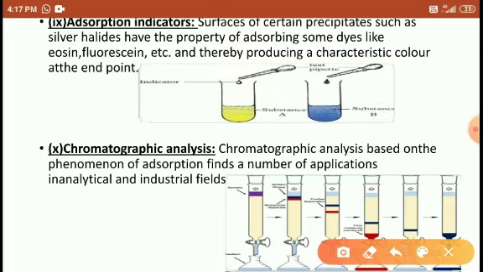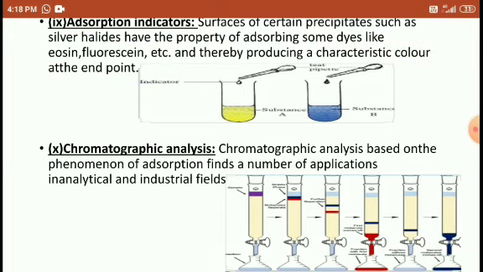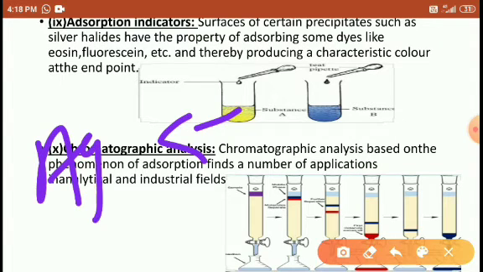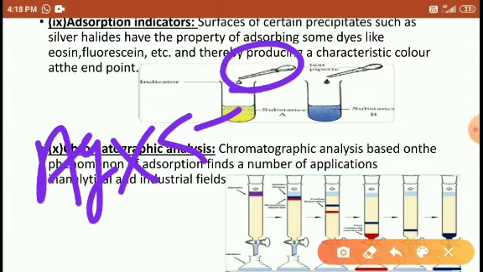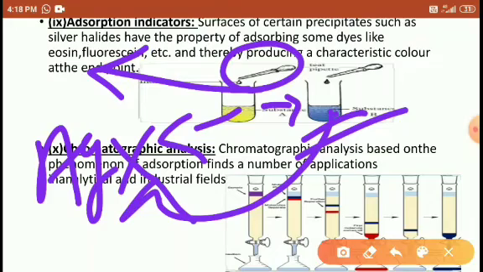These silver compounds absorb the different dyes and give the characteristic color, right students. So when we use silver halide, in the drop we add this dyeing agent, the dyeing agent absorbs the specific color and it turns into another color. This specific color indicates whether it is silver chloride, silver bromide or silver iodide. Yes students.